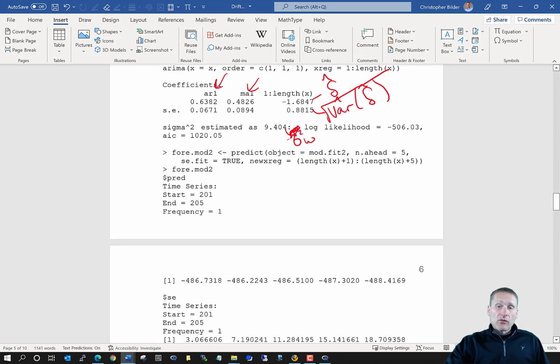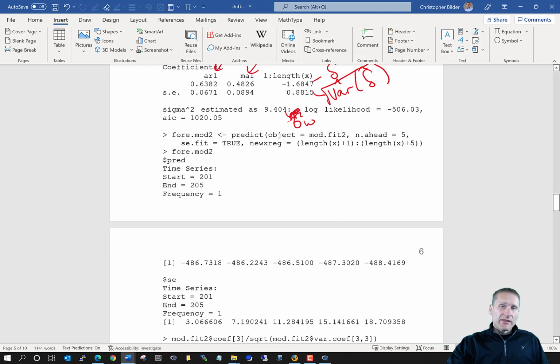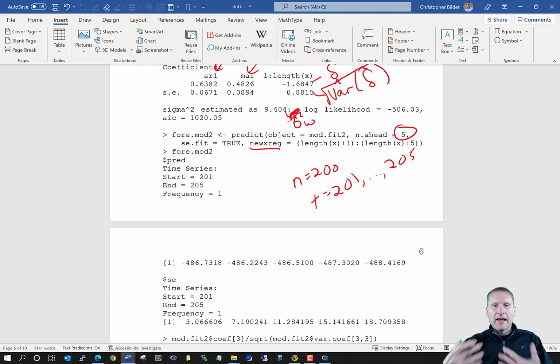So there are my corresponding parameter estimates. If I want to do forecasting, I do it exactly the same way as before, but now I have an additional argument here. I have newxreg here. And what this is telling R is that I have n equal 200 here. I need to tell R, well, what should happen at t equal 201 to 205 if I want to go 5 points ahead?